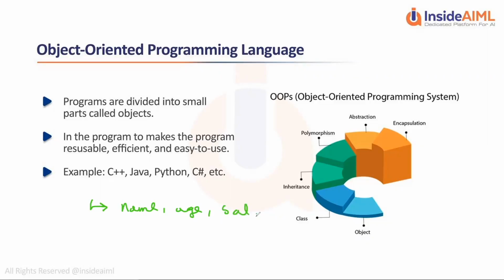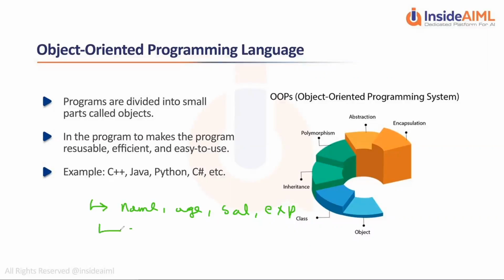Then after salary, let's say you also require their experience. Then let's say we also want to store their email ID, their phone number, and a lot of other things. And you also want to store what their role is, what their day-to-day job is.